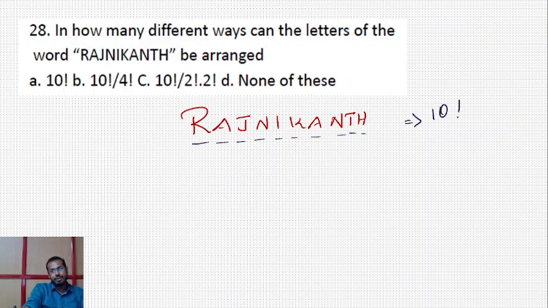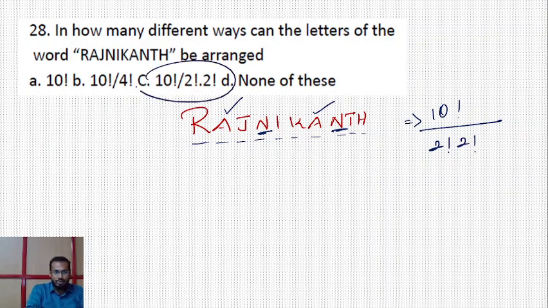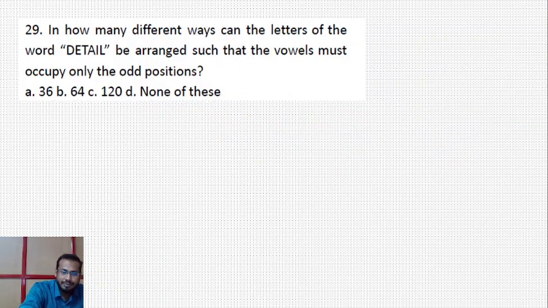So 10 factorial. What are the repetitions here? A, 1A, 2A, so 2 factorial. J is 1. N, we had 2N, so 2 factorial. I, we had only 1. K is 1. T and H are not repeated. So 10 factorial over 2 factorial into 2 factorial is the right answer. Next question.